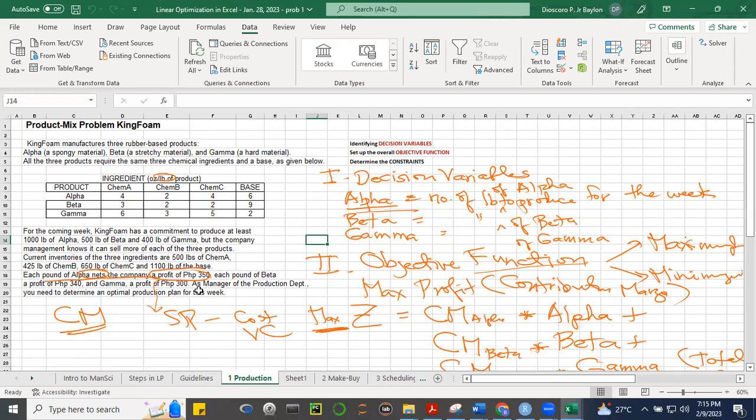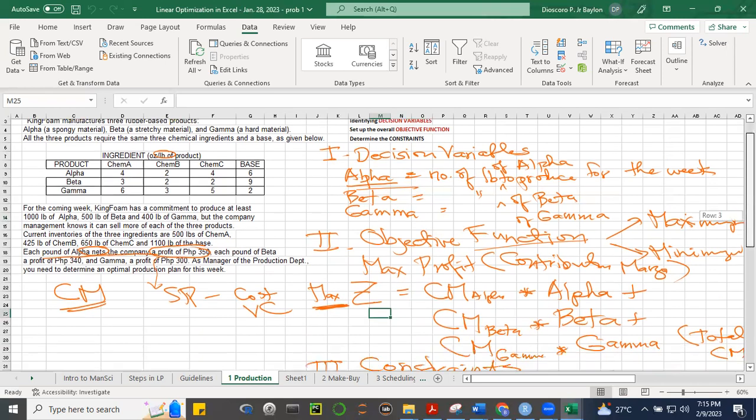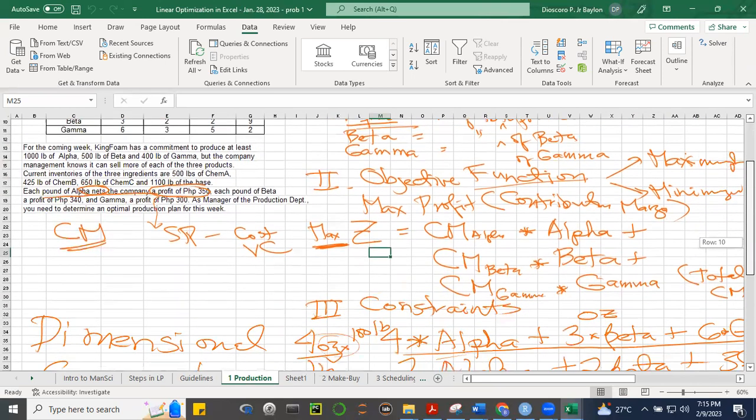Later on we'll do nonlinear programming where the equations that are involved include nonlinear equations. For now, we will just focus on linear expressions of the objective function and of the constraints.